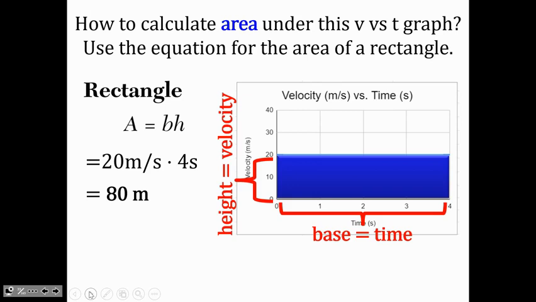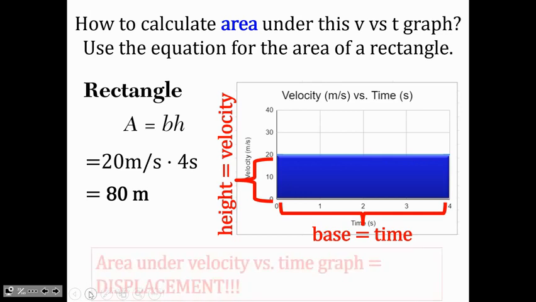So if we take our values for the height and base of this rectangle, the height is equal to 20 meters per second and the base is equal to 4 seconds. If I take 20 meters per second times 4 seconds, the seconds cancel out and I'm left with 80 meters. Where have we seen this value before in this video?